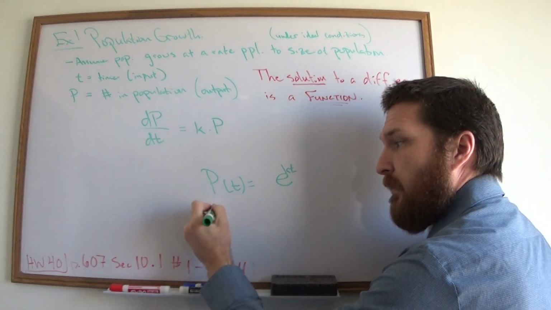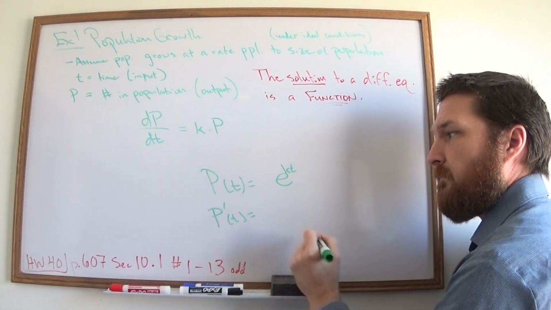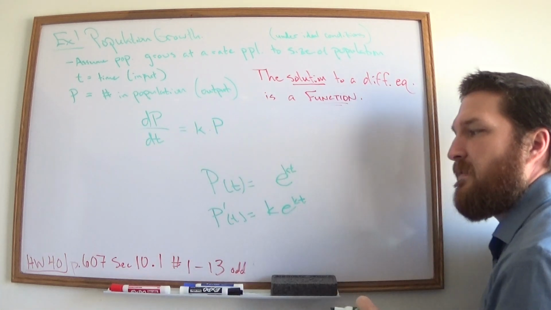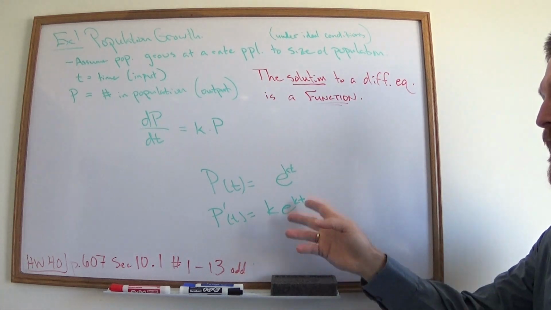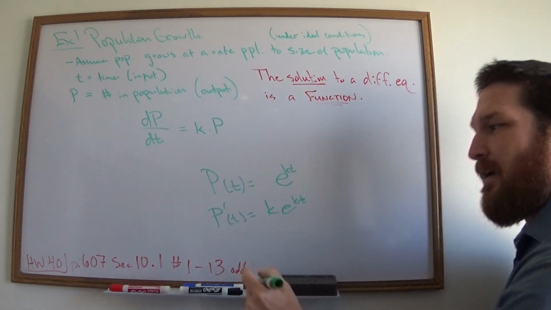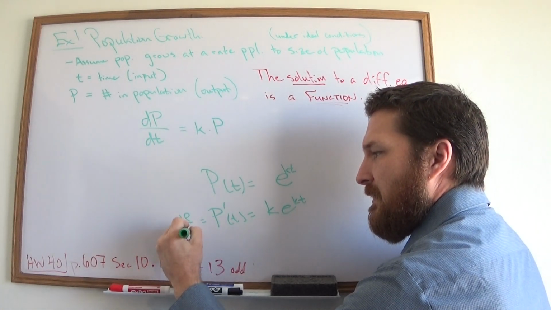So, take the derivative of p, and what do we get? k e to the kt. Now let's see if it solves this differential equation. Again, like I said, sometimes you want to be able to switch back and forth between these guys. So this is the same thing as dp dt.